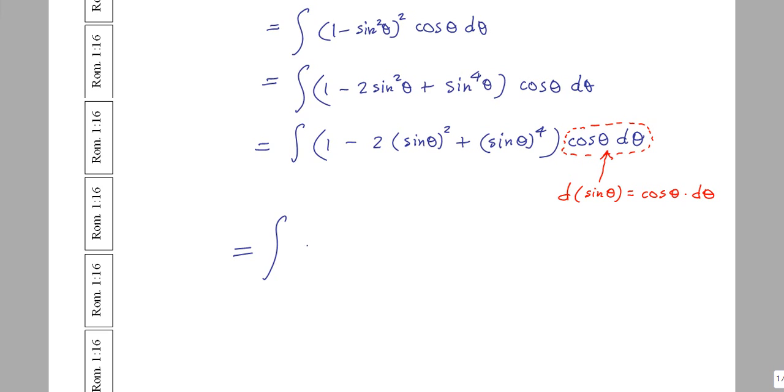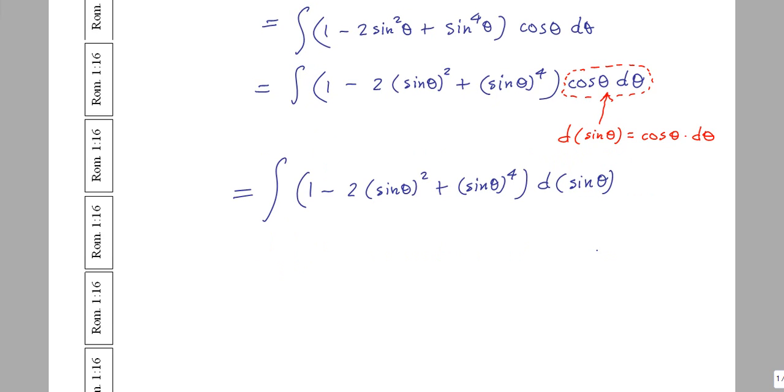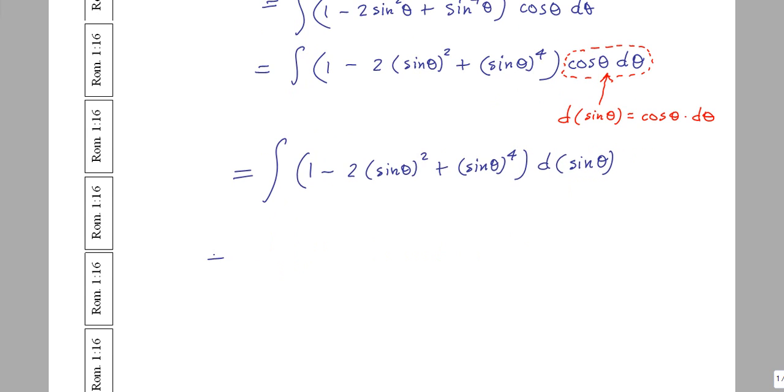So this is the integral of 1 minus 2 times sine of theta squared plus sine of theta to the fourth power d, you guessed it, sine of theta. And this is an exceedingly simple integral to do. This is equal to the integral of 1 d sine theta, which is sine theta, minus 2 times the integral of sine theta squared d sine theta.